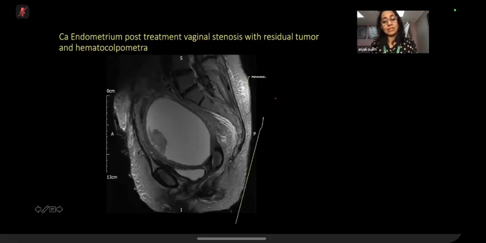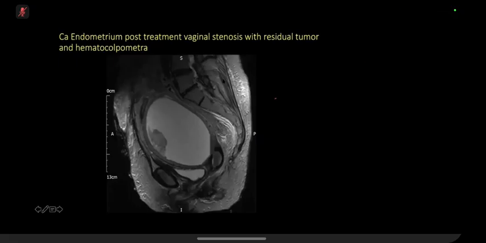So I would like you to describe the findings again. Okay, so the uterine cavity is distended with high T2 signal seen within. Within this area of high signal, there is also an intermediate signal, almost lobulated lesion that someone has very kindly annotated.